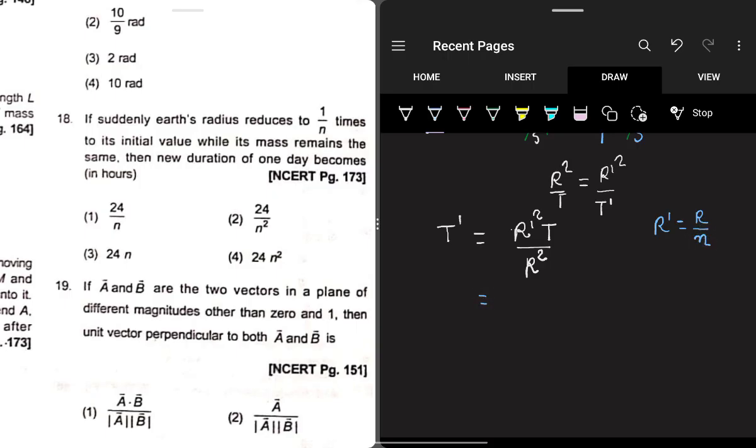So we can use this here. It will become r square divided by n square r square multiplied by t. We can cancel out these r square, so we'll end up with t by n. And the current time period is 24 hours, right? This is the answer, 24 by n.